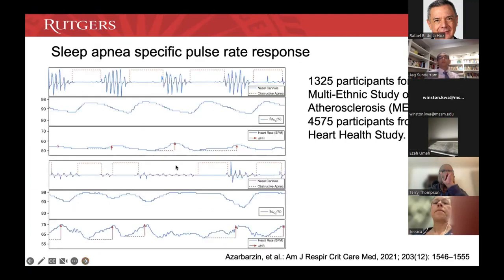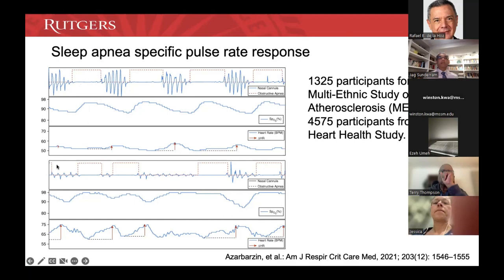Now, similar to the hypoxic burden, another indicator potentially that has been studied, or another phenotype, is what's called the pulse rate response to each of these obstructive apneic events. So what we often see is a drop in heart rate with each of these events of apnea.